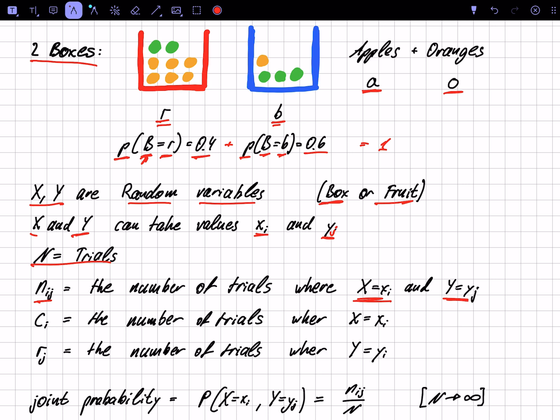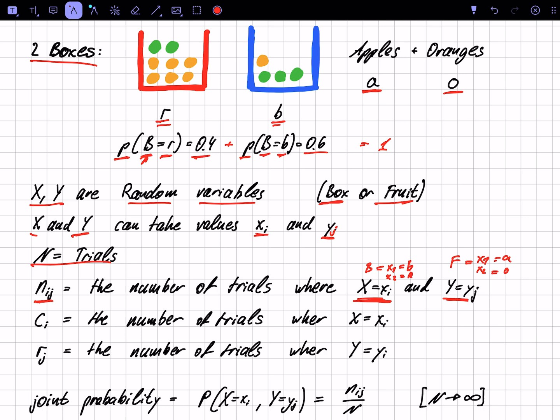So in our case, for example, we can say that X is the box, and x_1 is that it's blue, and x_2 can be that it's red, and Y can be our fruit, and it can be either y_1 or y_2, which is equal to A for apple or O for orange. So Y can be either an orange or an apple, and X can be a blue or red box.